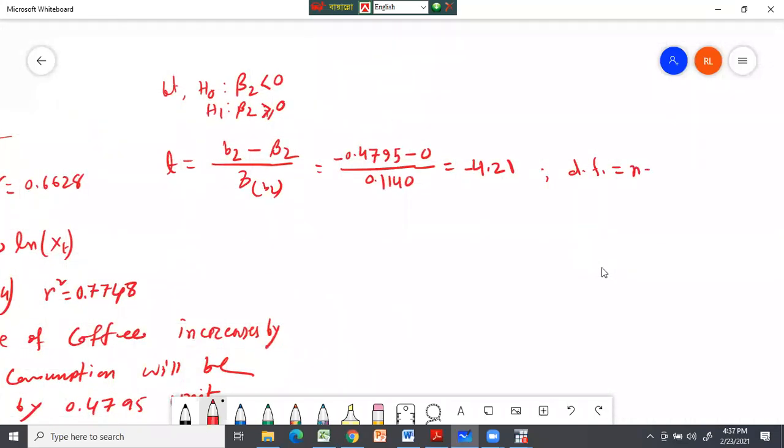N minus k, where there are 2 parameters, so 11 minus 2 is equal to 9. Look at the degrees of freedom corresponding to 9 for the 5% level of significance for a one-tail test. The critical value is 1.833.